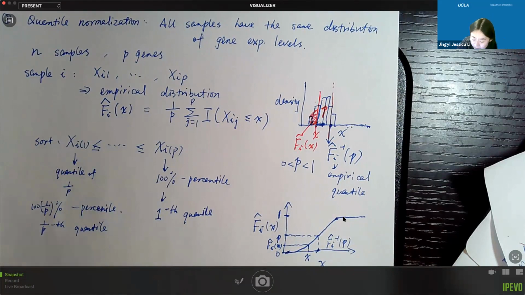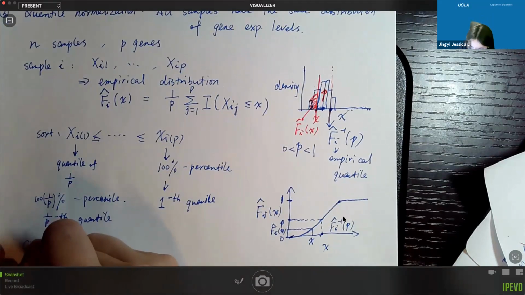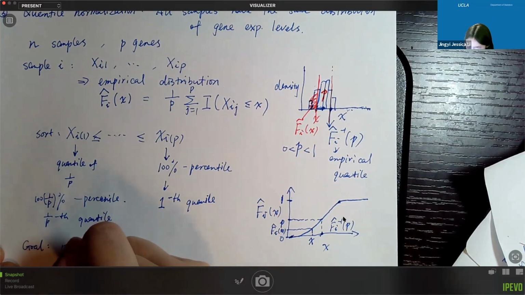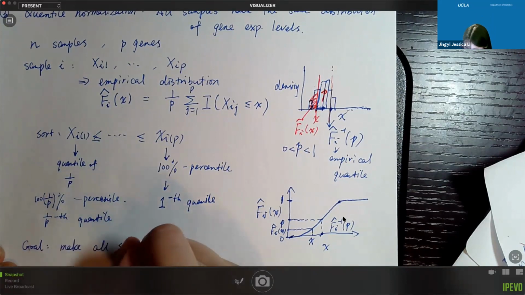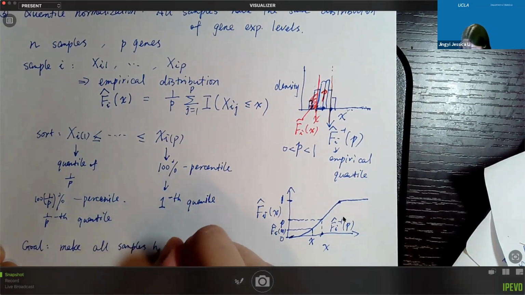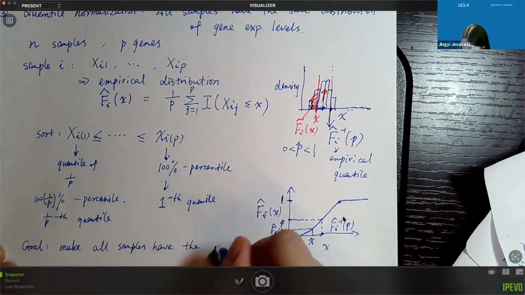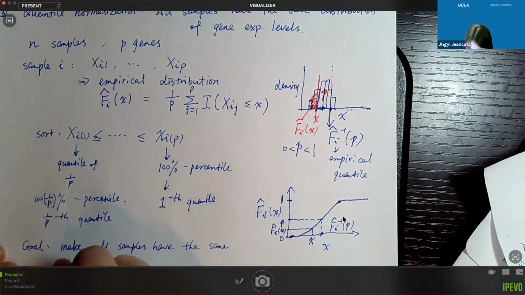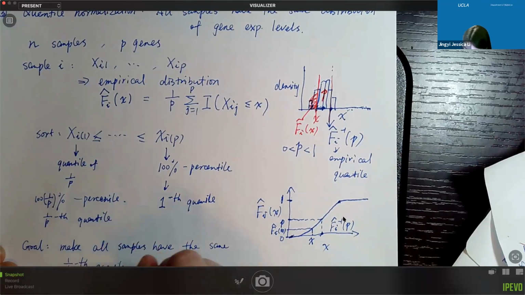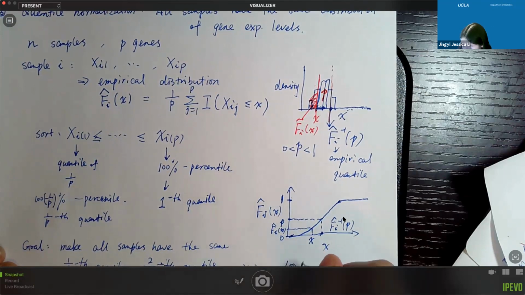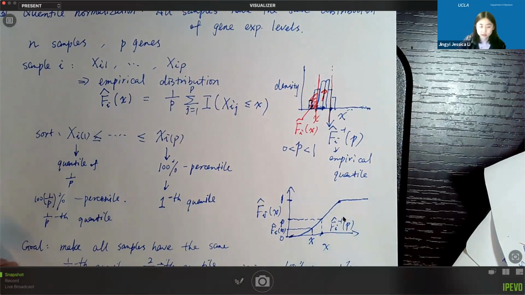That means my goal is to make all samples have the same 1 over p quantile, 2 over p quantile, and so on, up to the last one, the 100th percentile. So I want to make them all the same.